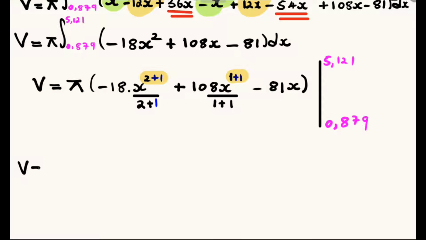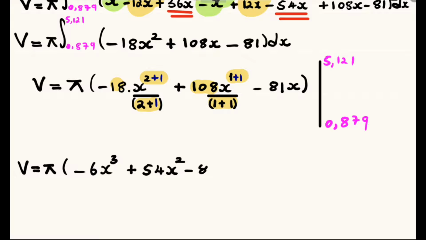Our v will be equal to pi into negative, so that 2 plus 1 is equal to 3, and the 1 plus 1 is equal to 2. So 18 divided by 3 is equal to 6 multiplied by x to the power 3, plus 108 divided by that 1 plus 1, which is 2, will be equal to 54 multiplied by x to the power 2, minus 81x.